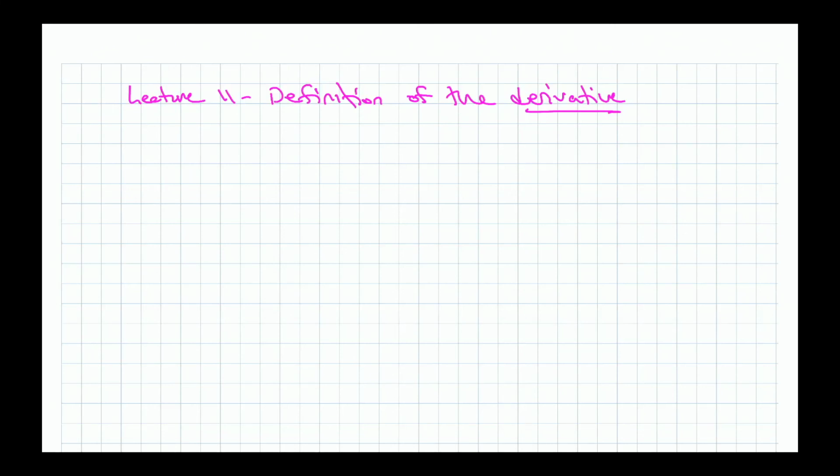Okay, everybody. So what we're going to be doing today is the definition of the derivative. And so good news and bad news. There's actually two pieces of good news. I'll even write them. Good news. Number one, after we're done with this, you won't really have to do it again for a while. Or actually, you won't have to do it again.